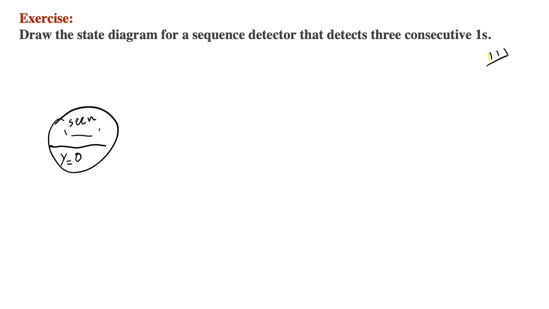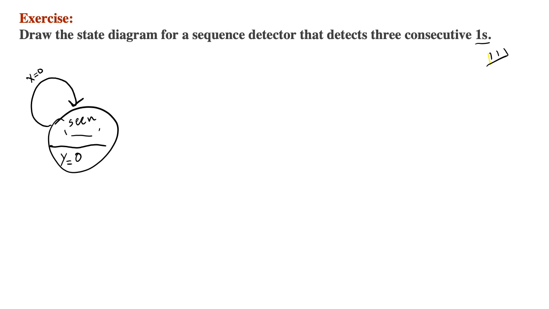Now we need to consider both cases. The first case is where the input is 0. The second case is where the input is 1. If the input is 0, that doesn't count since 0 is not really part of the sequence. Remember, the sequence consists of 3 ones. So that means if x, the input, is 0, we're going to loop back to the initial state.